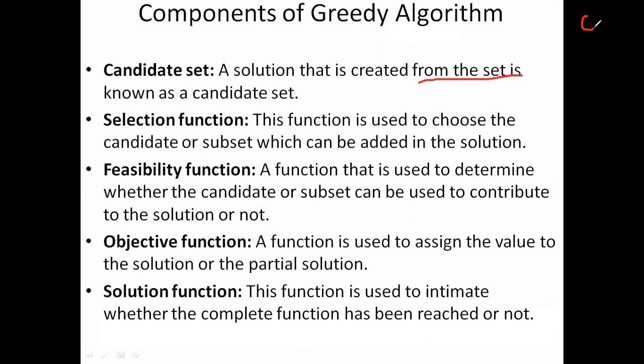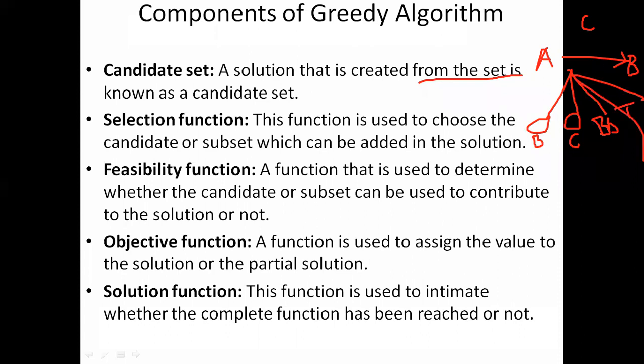Suppose we want to move from source A to destination B. There are so many possibilities: you may go by car, bike, bus, train, or flight. We create some sets from the set, and that is the candidate set.